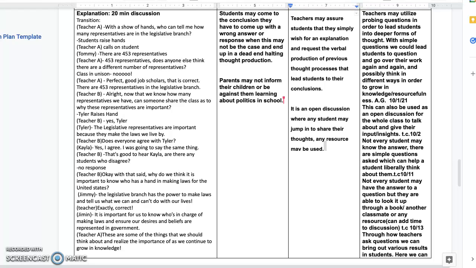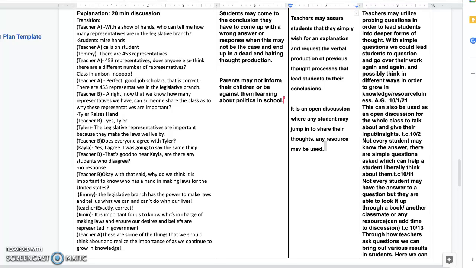And then we have another student, Jimin, who also raises his hand and gets called on, and he says, it is important for us to know who's in charge of making laws and ensure our desires and beliefs are represented in government.